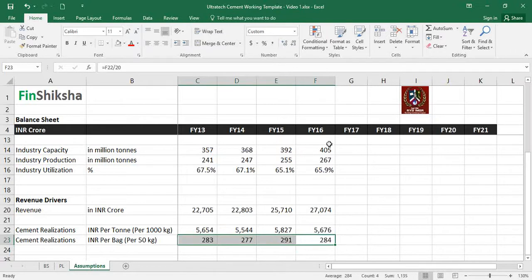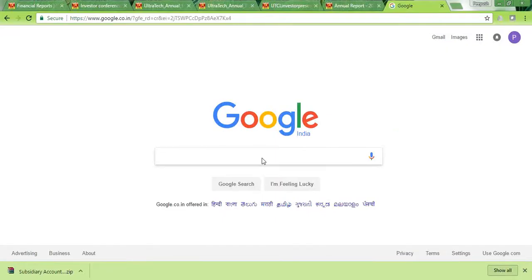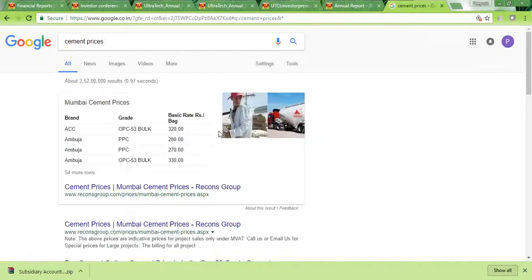Why are we doing this? Because typically the pricing is given to us in the form of per bag. When you read news items on cement prices, you will find cement prices per bag. So if I were to search cement prices here, the first thing I get is the basic rate per bag, right?